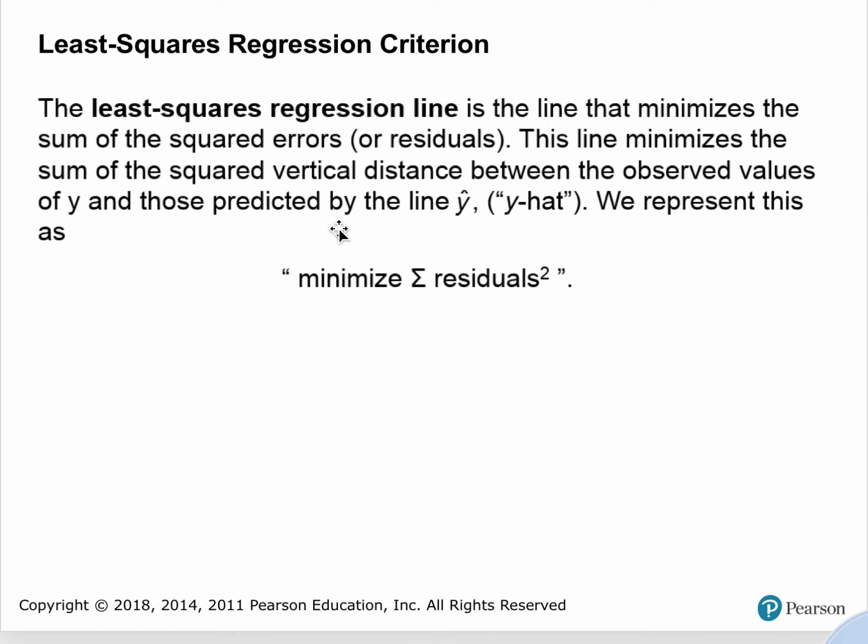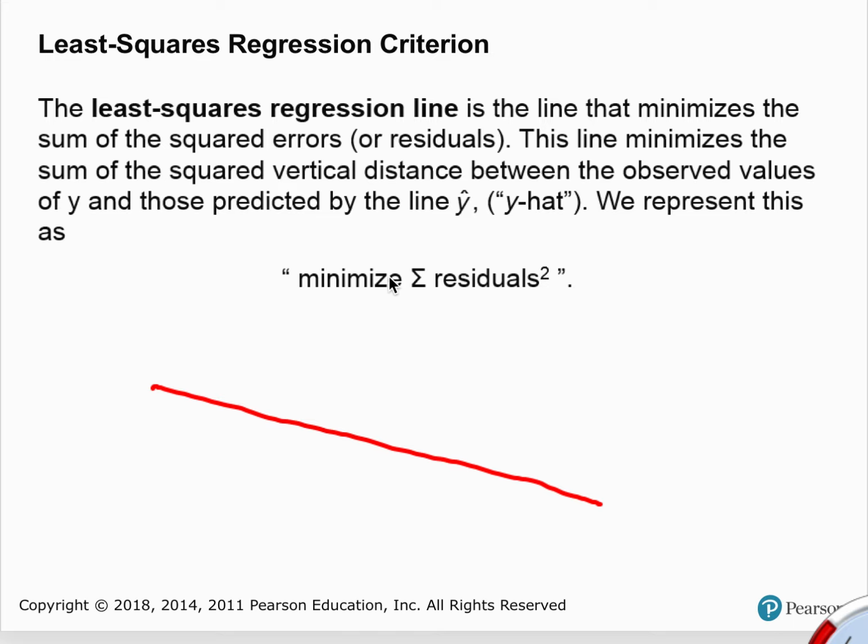Okay, the least squares regression line is the line that minimizes the sum of the squared errors or residuals. This line minimizes the sum of the squared vertical distance between the observed values of y and those predicted by the line y hat. Okay?